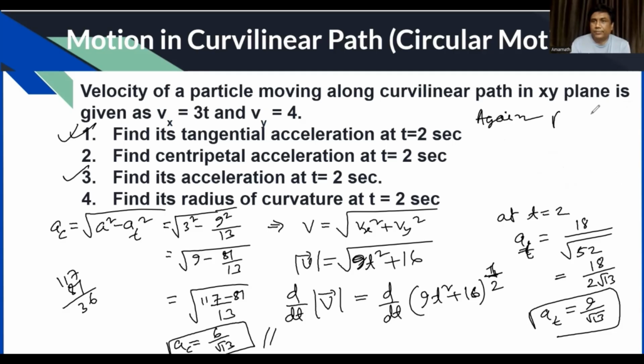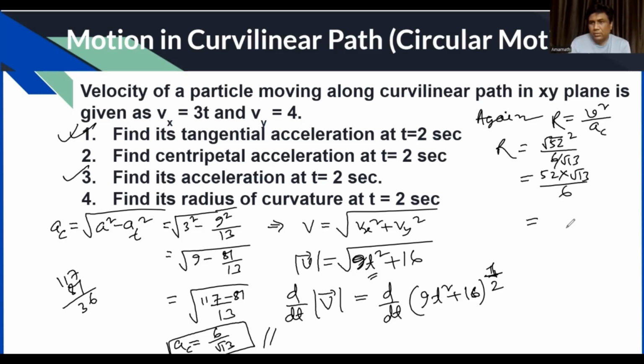Again, R equal to, but the speed is equal to what? Actually at T equal to 2, it will be, I think, under 52. It will be under 52 square. And AC is 6 by under 13. So it means it will be 52 into under 13 by 6.